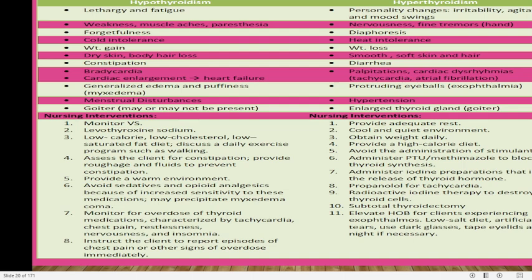You give them a low salt diet, artificial tears, and dark glasses. You tape eyelids at night if possible, so as to make them comfortable. That's all about the differences between hyperthyroidism and hypothyroidism, and in terms of management, which drug is important and which one is further used.